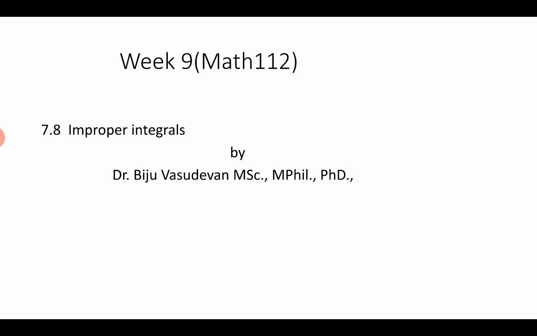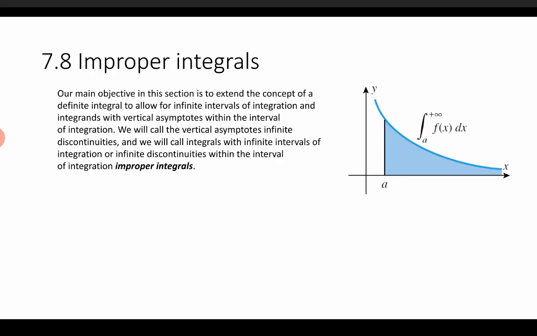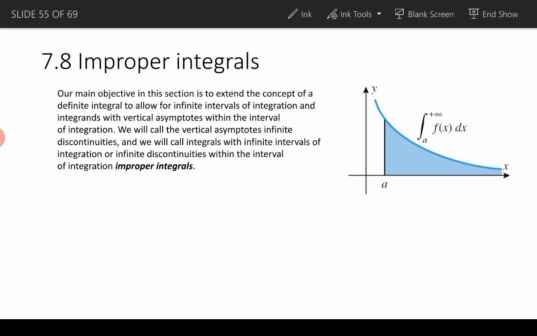Up to now, we have focused on definite integrals with continuous integrands and finite intervals of integration. In this section, we will extend the concept of definite integral to include infinite intervals of integration and integrands that become infinite within the interval of integration.